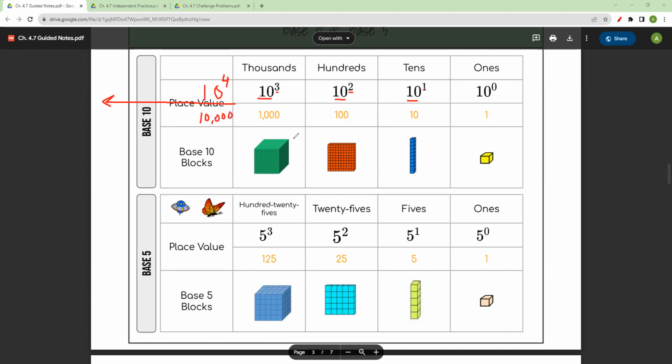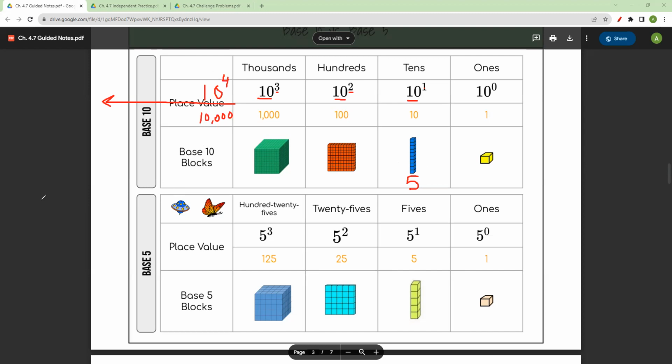So if we have a number in each of these spots, we take that face value, say we have a 5 here, it's 5 times 10. So we know that's going to be 50, right? Plus whatever other numbers are in the numeral. But we know how to find the total number, or the standard form of the number, by using the base 10 place values.